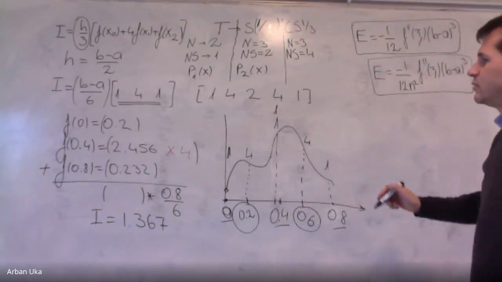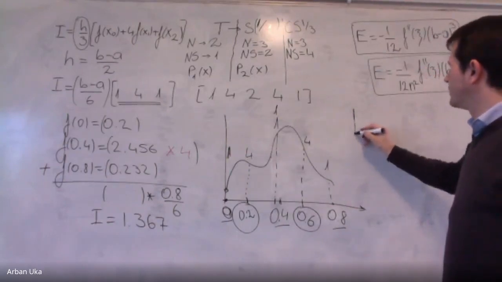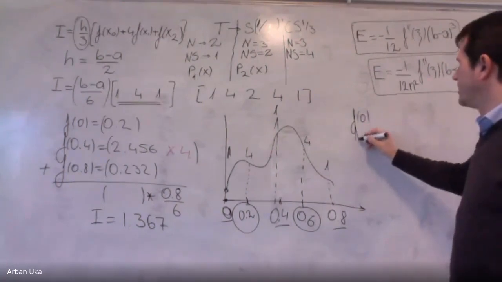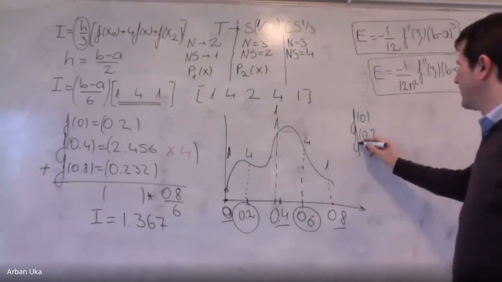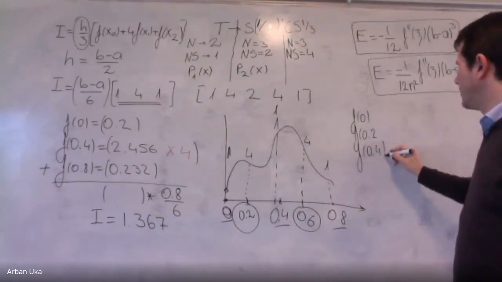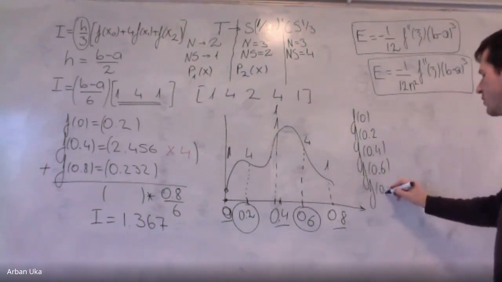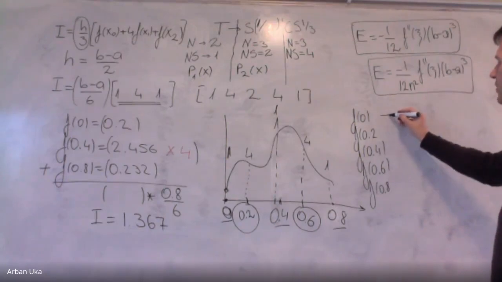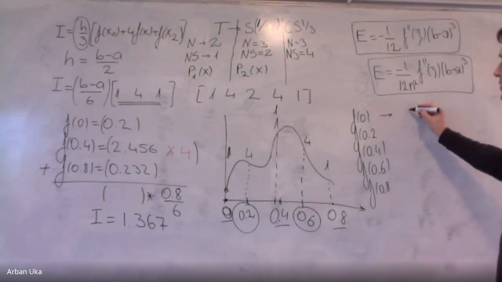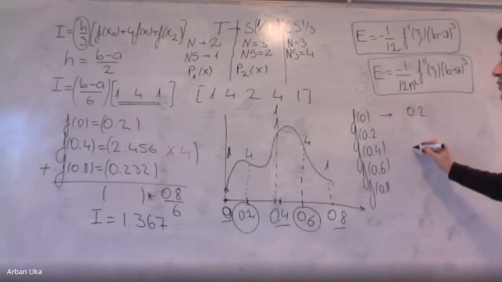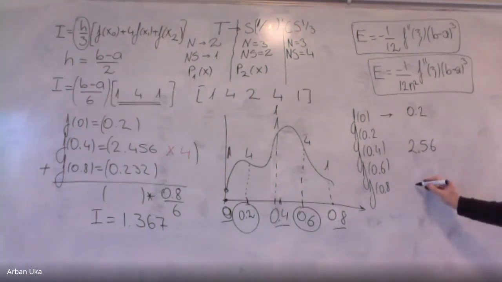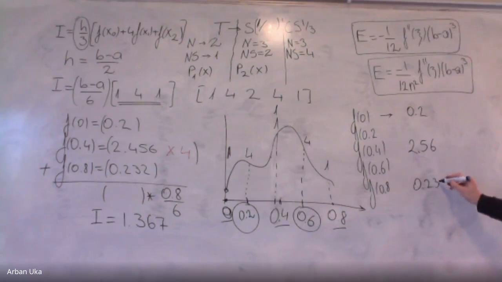And then what we need to do is evaluate the function at 0, the function at 0.2, the function at 0.4. Similarly, we go to the next points, 0.6, 0.8. So we have all of these values. This was 2.56, and this was 0.232.